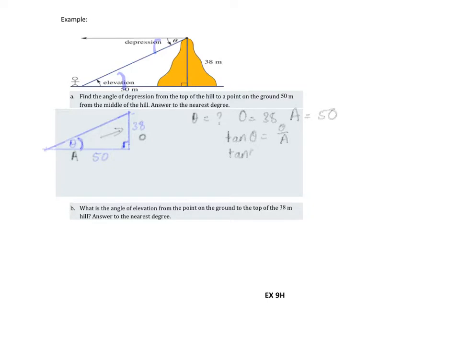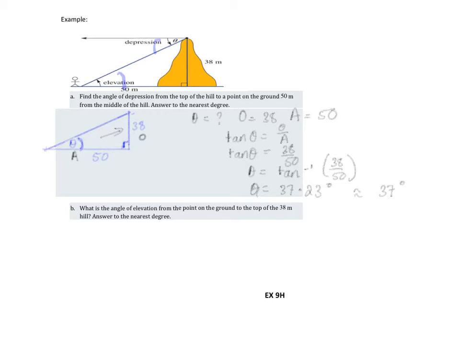Tan theta equals 38 over 50. And of course we want the theta by itself, so bring the tan across and it becomes inverse tan of 38 over 50. And when we put that into our calculator, we get 37.23 degrees. Now, again, it wanted it to the nearest degree, so that is approximately 37 degrees.